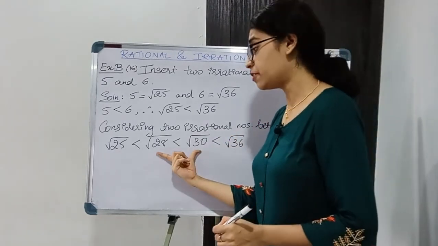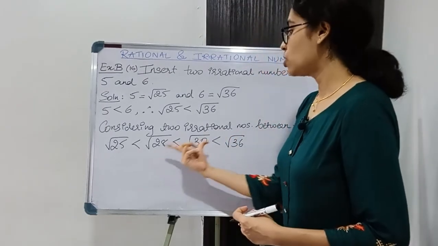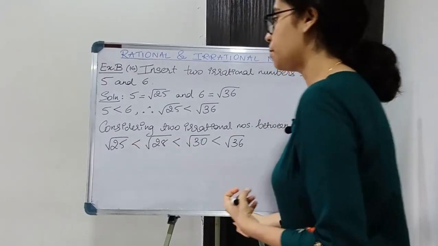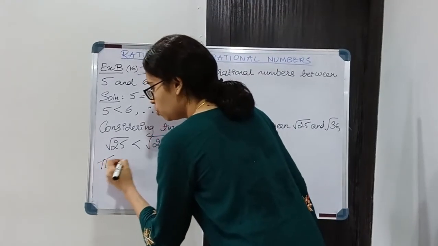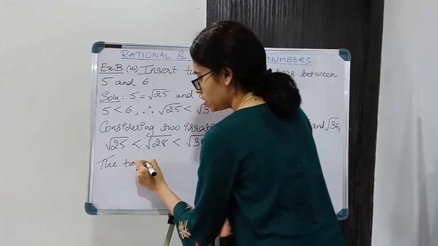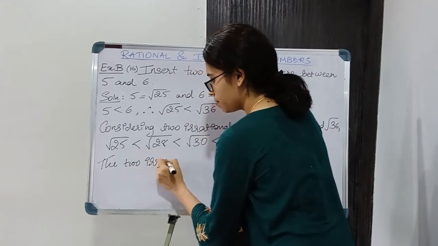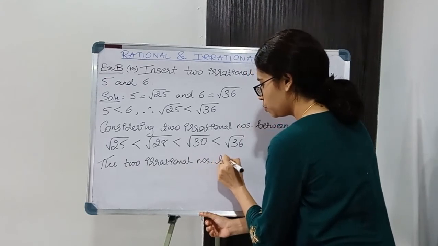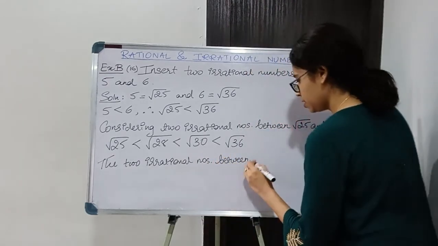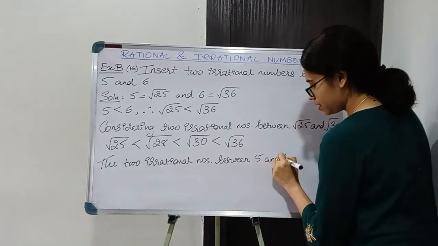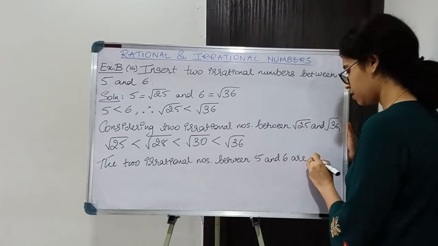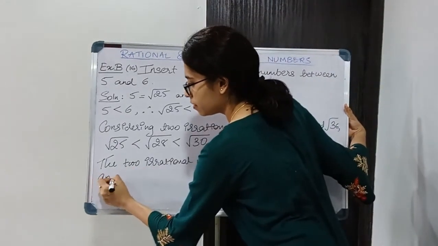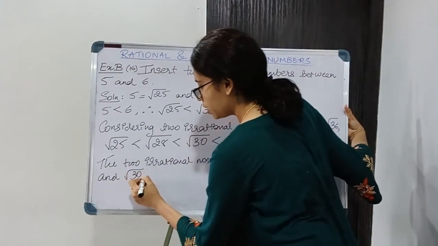Make sure they are not perfect squares. Okay, just make sure. And now I'll write down the final statement. So the two irrational numbers between 5 and 6 are square root of 28 and square root of 30.